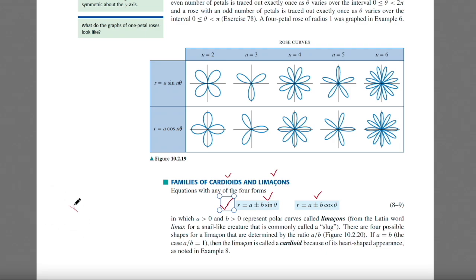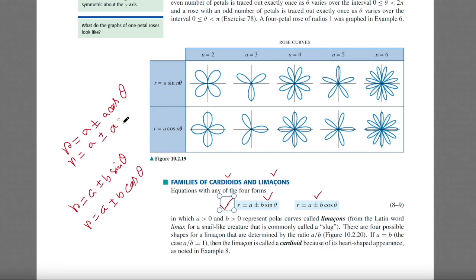Equation? r equal a plus minus b sin theta, and r equal a plus minus b cos theta. Now you can remember the previous equation we discussed, a into 1 plus minus cos theta. So it means a plus minus a cos theta. আমরা এটা আলোচনা করতেছিলাম, or r equal to a plus minus a sin theta.